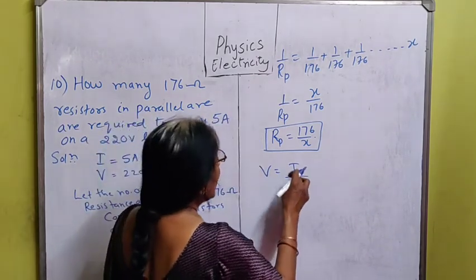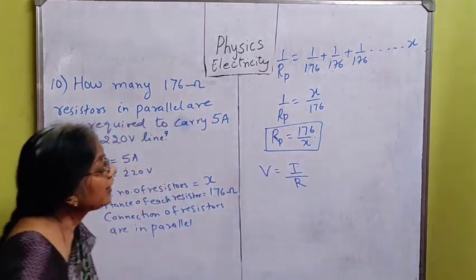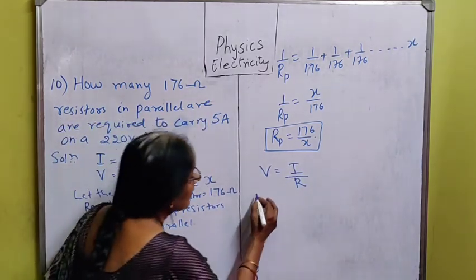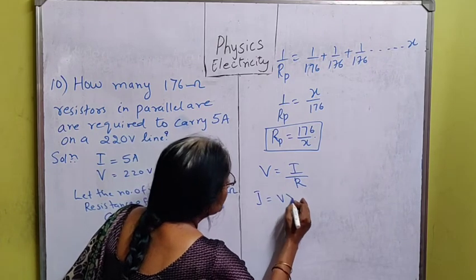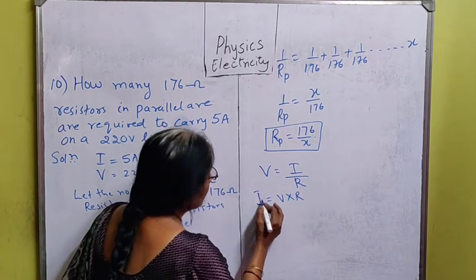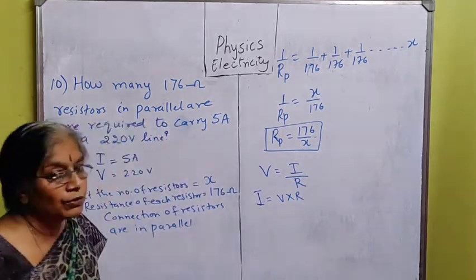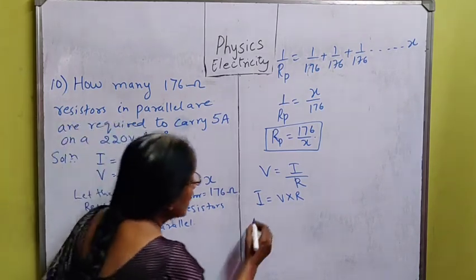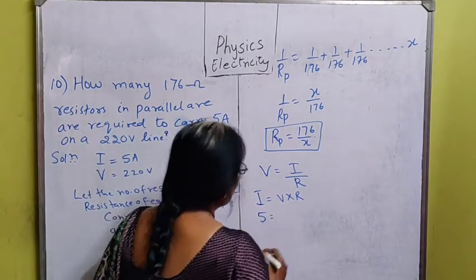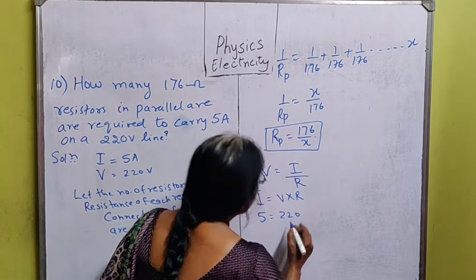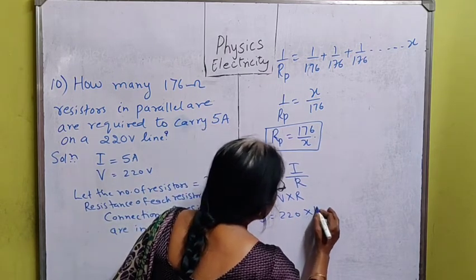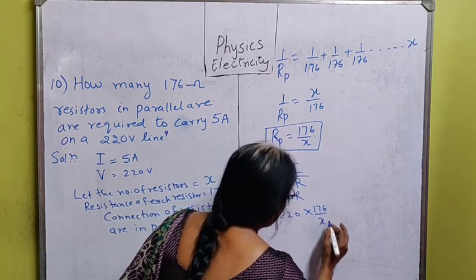So we can say, V is equal to I into R, that is, potential difference equals current into resistance. 220 is equal to 5 into 176 by x.